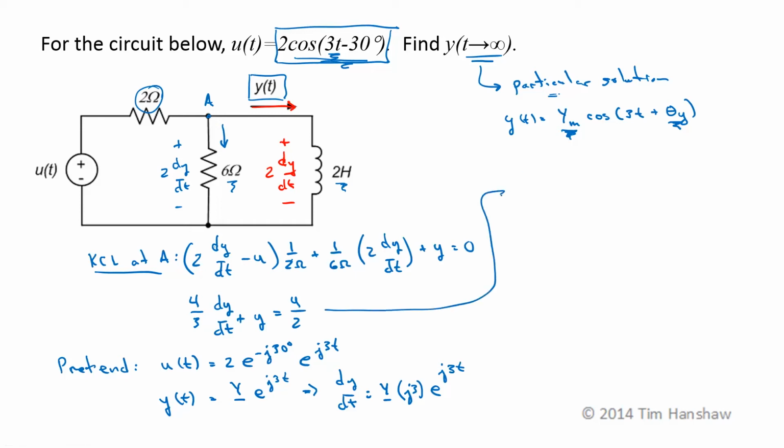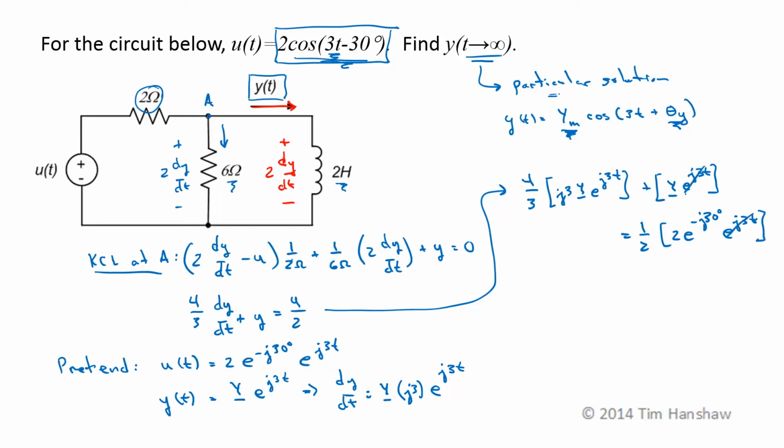So bringing this up here, 4 over 3 times dy dt, which is j3y as a phasor e to the j3t, plus y, which is just y e to the j3t, is equal to 1/2 times u, which is 2 e to the minus j30 degrees, e to the j3t.